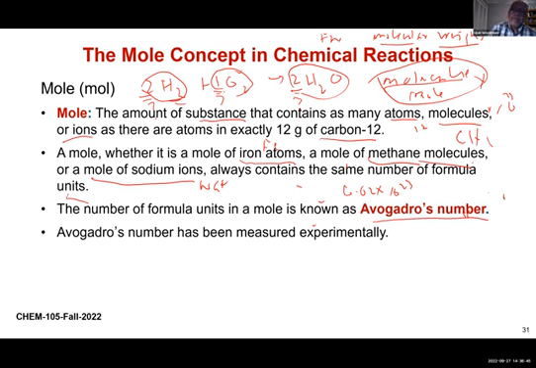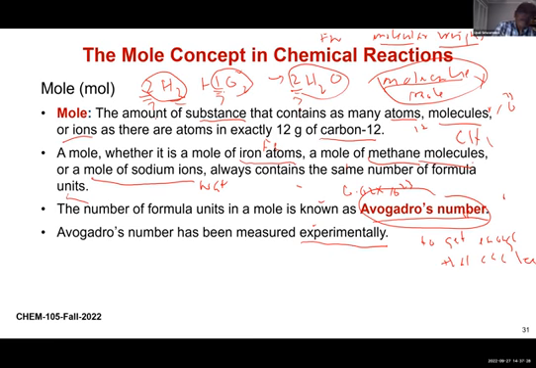Avogadro's number has been measured experimentally. We use Avogadro's number to get enough quantity that we can see and do chemical reactions in the lab. Being human, we need to see the material. We cannot just look at one molecule or ion.